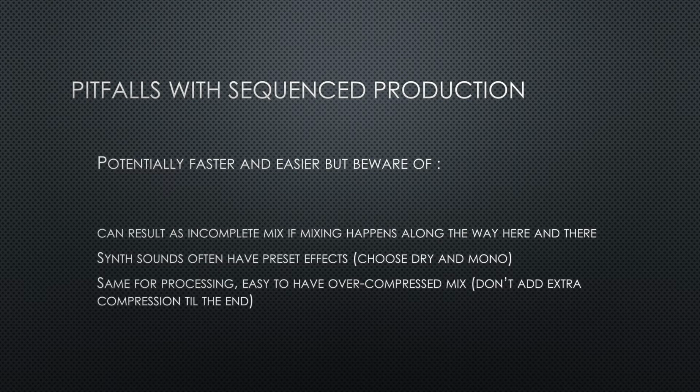And so the same goes for processing. It's easy to have an overcompressed mix, and so you don't want to add extra compression until the end for sure when you're recording in the box.